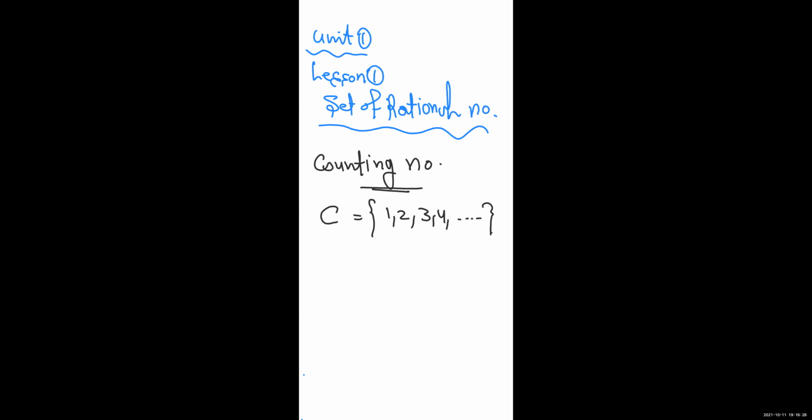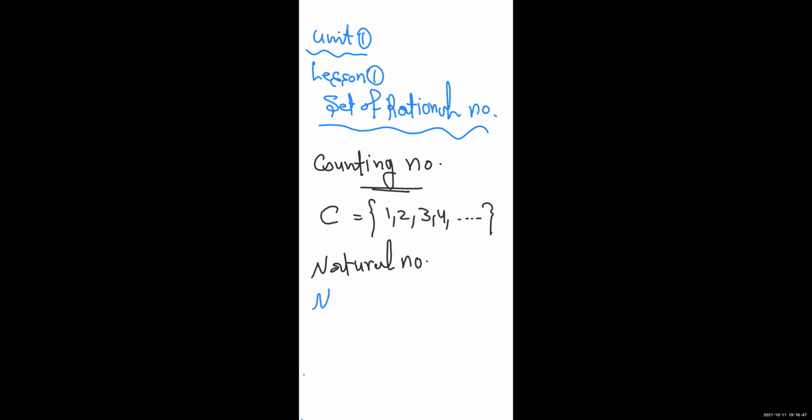Then the next one was the natural numbers, and this one we denoted by the letter N. So N stands for the natural numbers, okay?